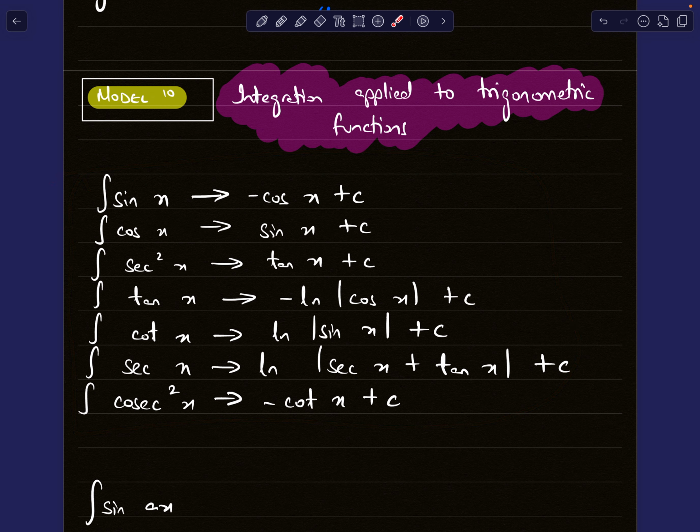Alright, so after that we have sec square x, whose integral is tan x, and the integral of tan x is minus ln modulus cos x.